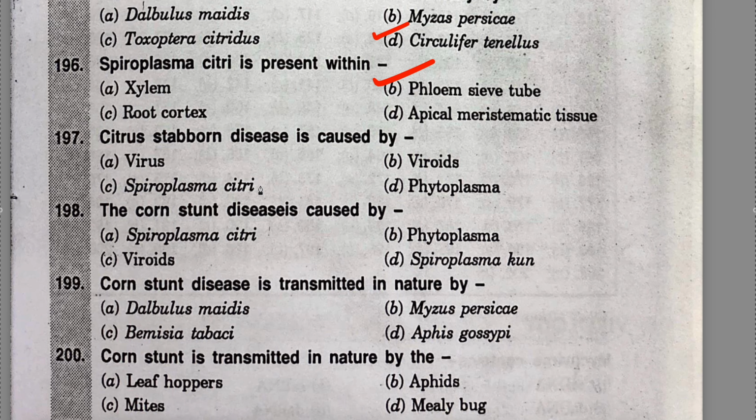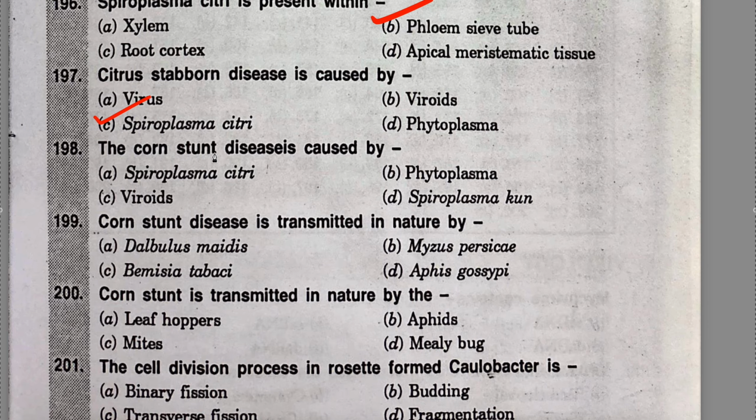Answer is option C, Spiroplasma. 198. The stubborn disease is caused by Spiro, Phyto, Viroid, or Spiroplasma. This was citri, this was kunkelii. The correct answer is option D.